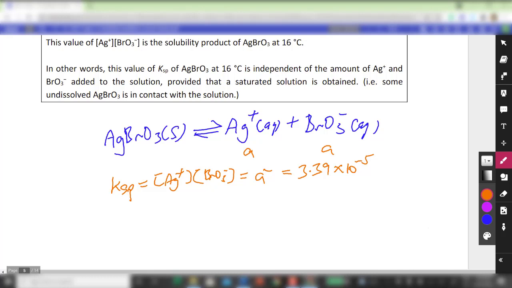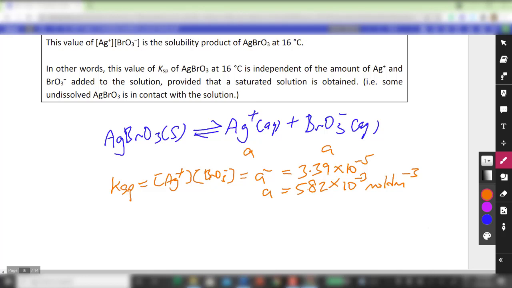I'm going to punch the number into my calculator, and A is 5.82 times 10 to the power minus 3 moles per dm cube. This value A is what we call the solubility of silver bromate in 1 dm cube of pure water.